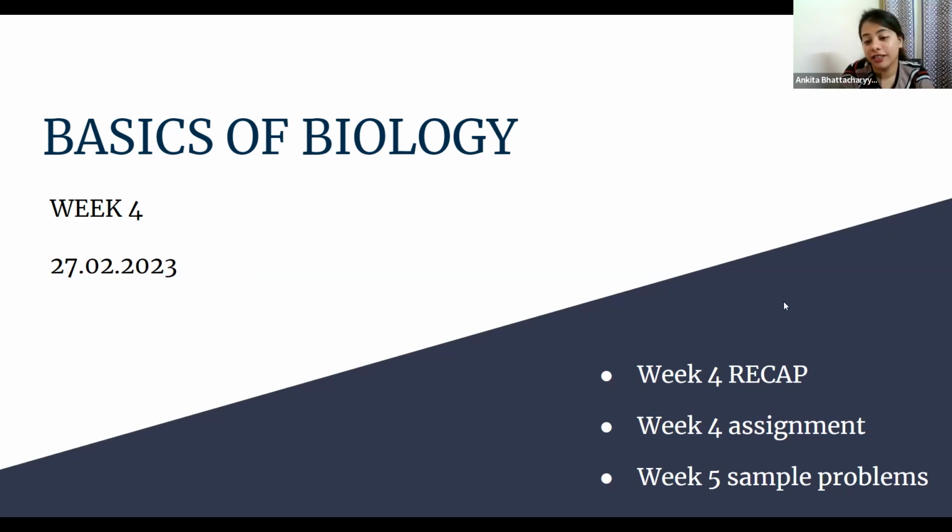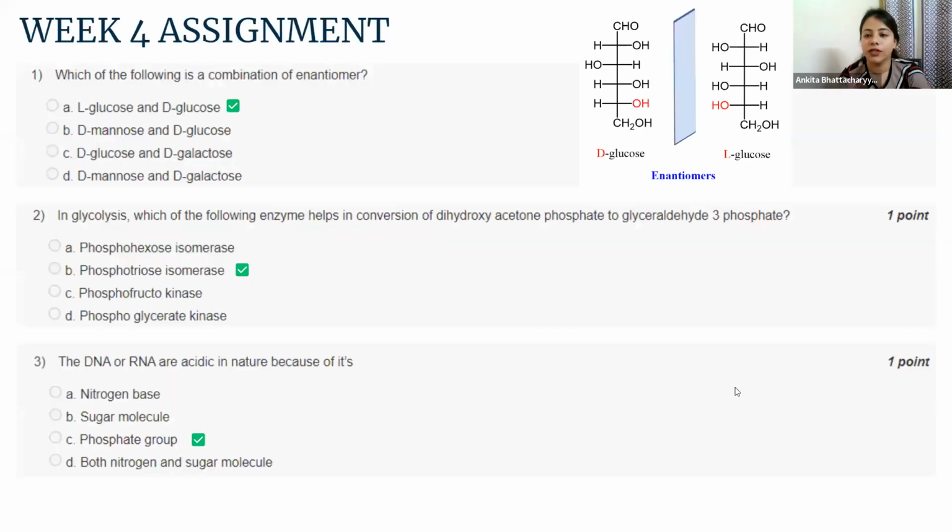We have already done the first part, which is a recap of week 4. We will now just go through the assignment and discuss it. You already have the answers for it. The first question for this week's assignment was: which of the following is a combination of enantiomers? As we have already discussed, enantiomers are non-superimposable mirror images.